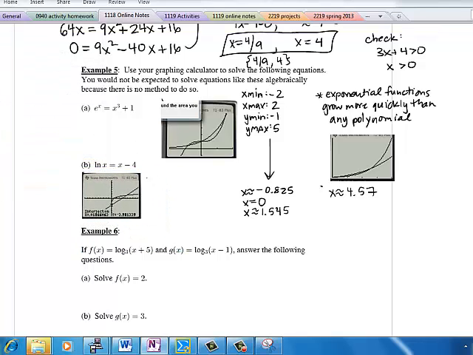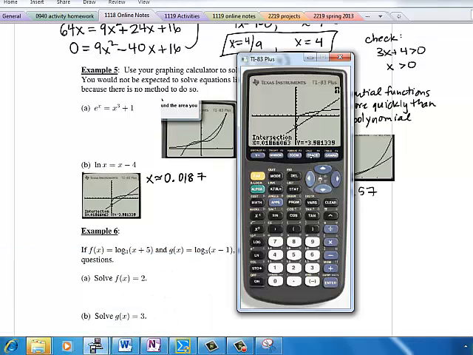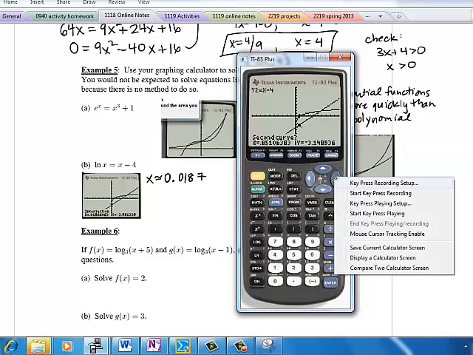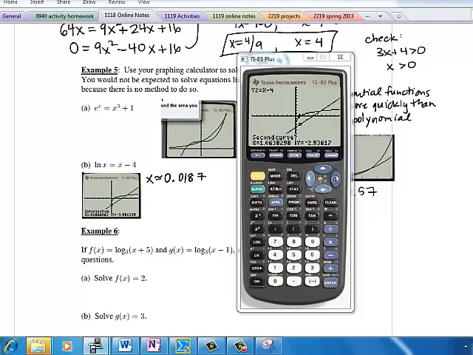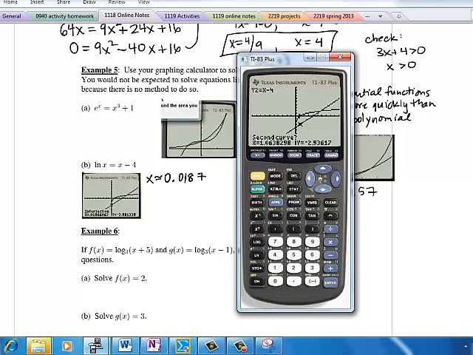So x is about 0.0187, we'll say. And then the other one, move closer to the second curve, just hit enter, and then I guess you want to move closer to the other point.